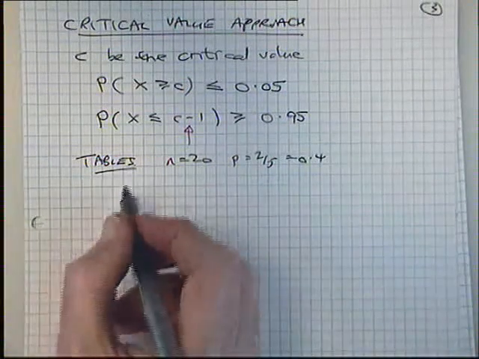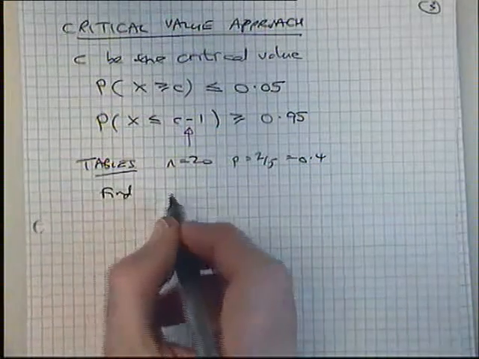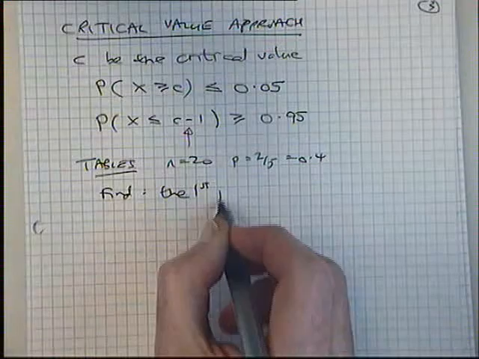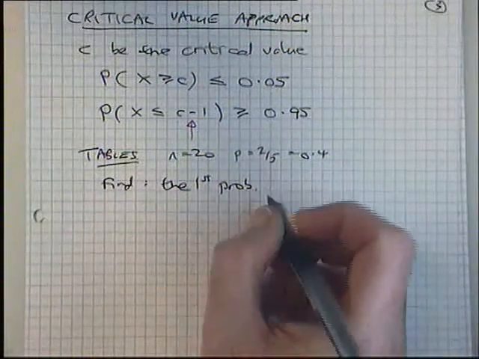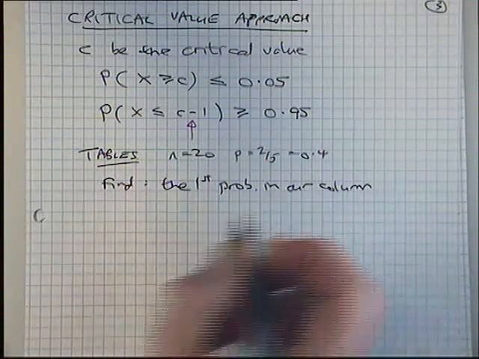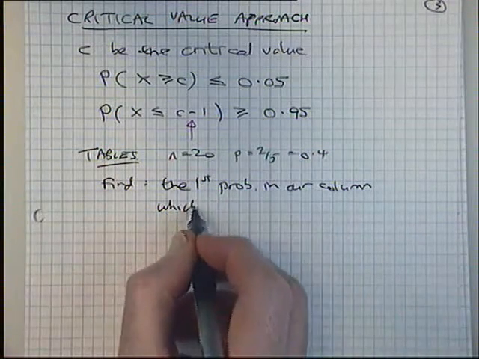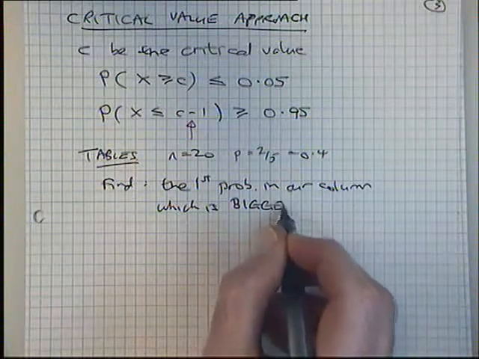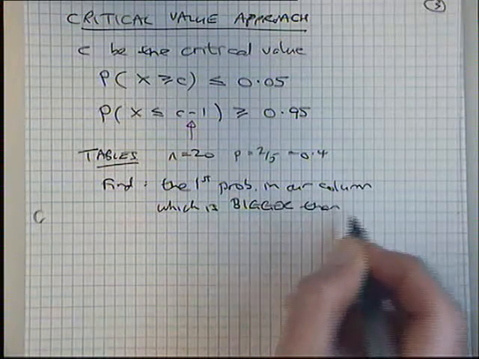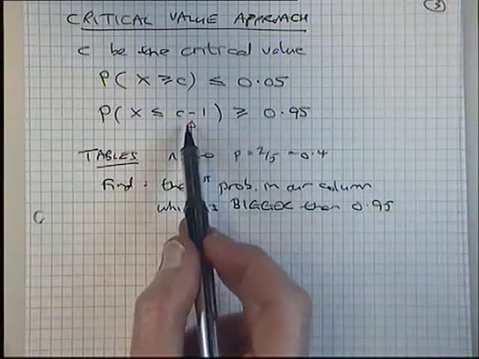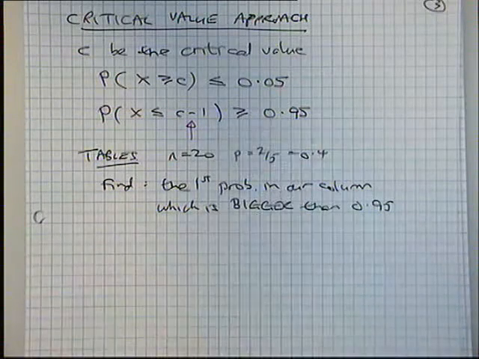And what we are trying to find is the first probability in our column which is bigger than 0.95, greater than, well, probability greater than 0.95.